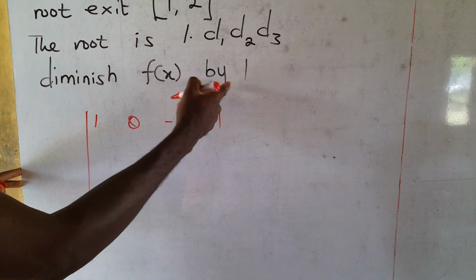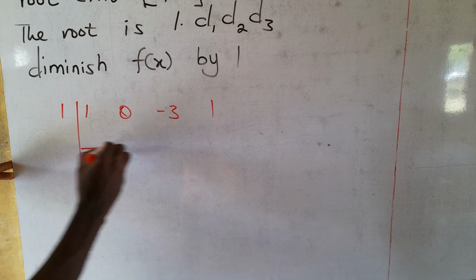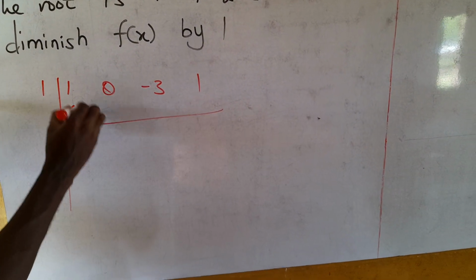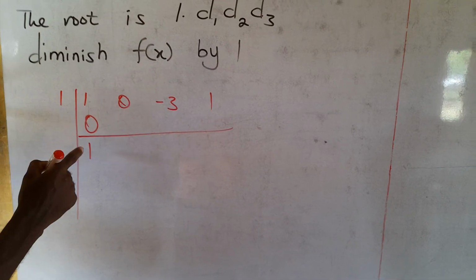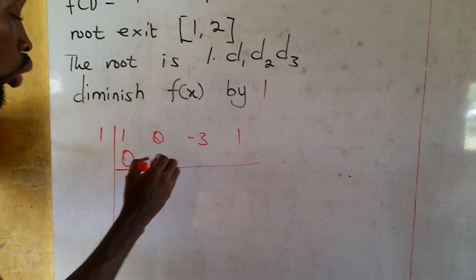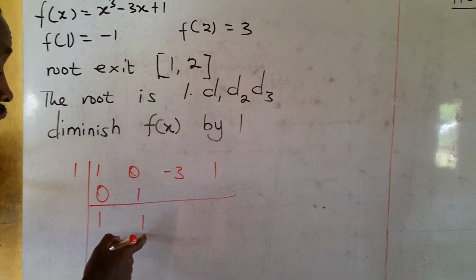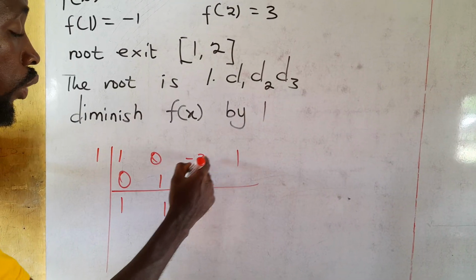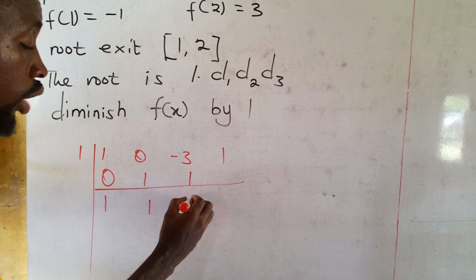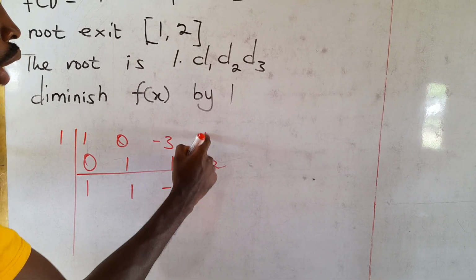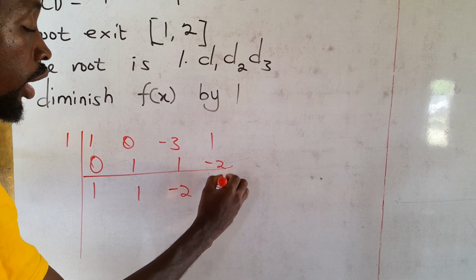We are going to diminish by 1. We'll draw our line. So 1 plus nothing is 1. That's 1 plus 0. 1 times 1 will be 1. 0 plus 1 will be 1. 1 times 1 is 1. Negative 3 plus 1 will be negative 2. 1 times negative 2 will be negative 2. 1 plus negative 2, that will be negative 1.